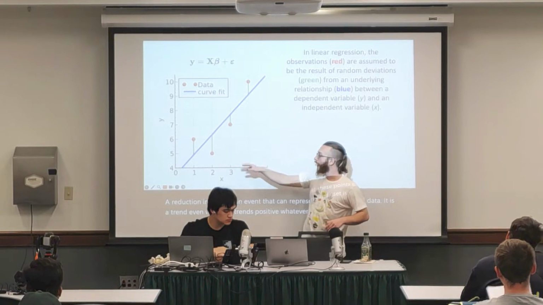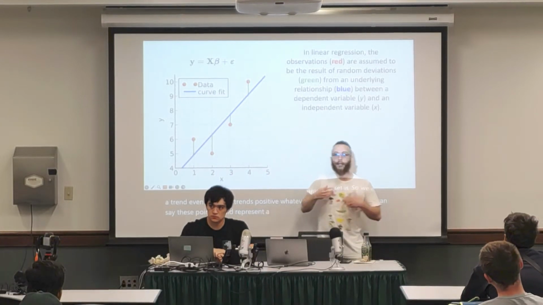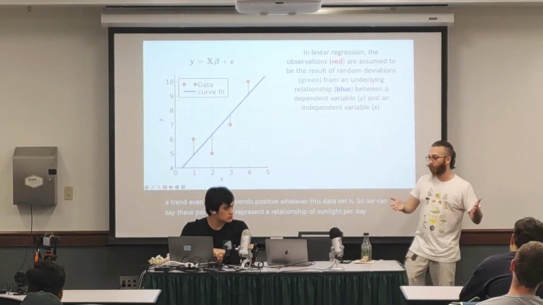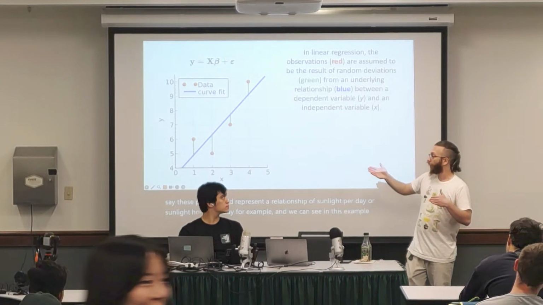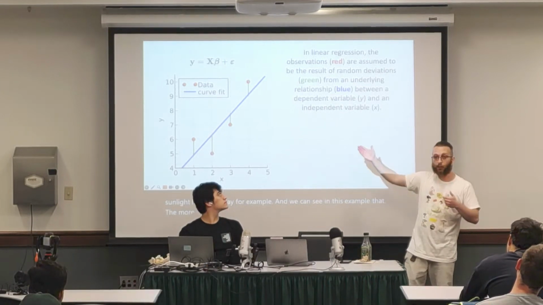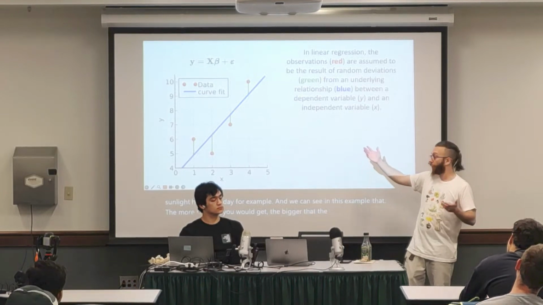So we can say these points could represent a relationship of sunlight hours per day, for example. And we can see in this example that the more sunlight you get, the bigger the almond tree might grow, right?